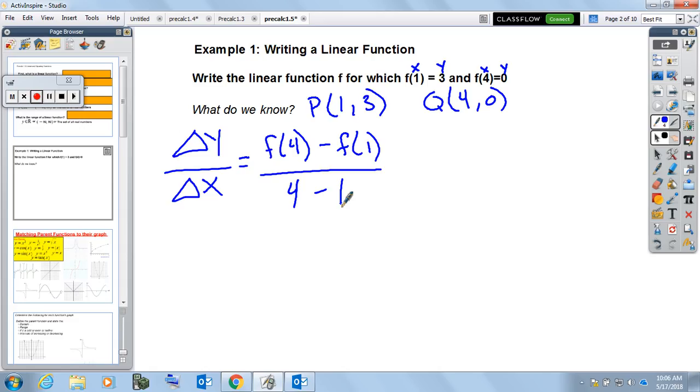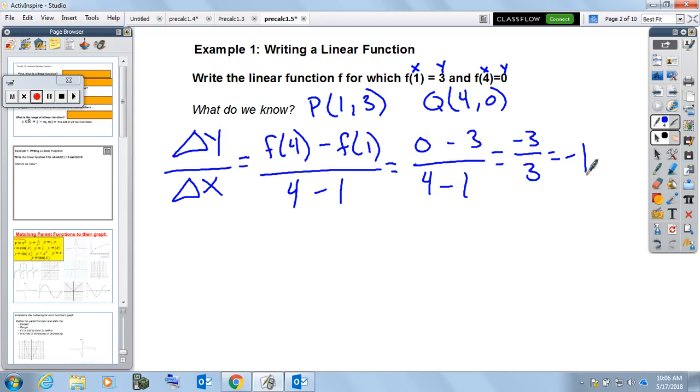But we happen to know that f of 4 has a value of 0, and that f of 1 has a value of 3. And so we come to find out that the value of the slope is -1. But again, I wanted to show this so we can start visualizing slope as changes in y versus changes in x.